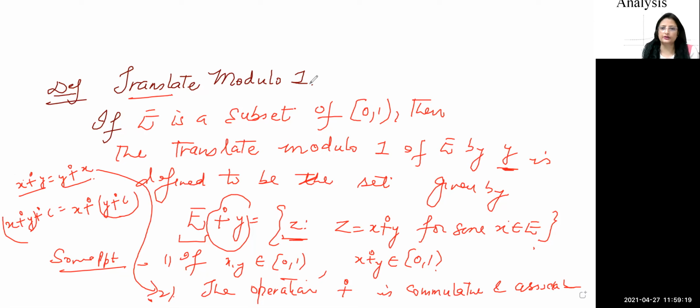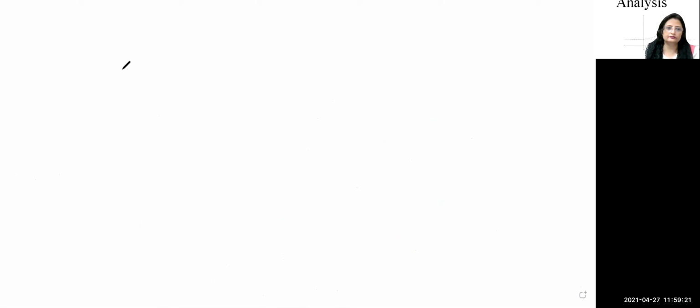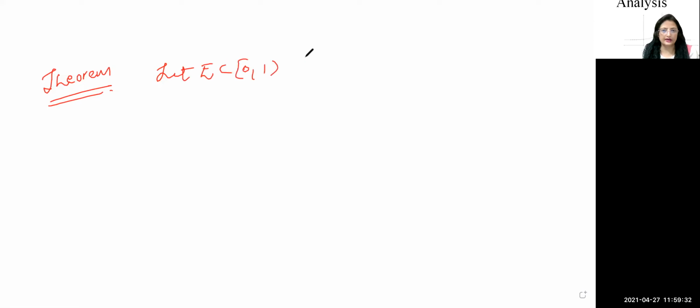Now we will do one theorem related to it. Let E contained in the interval 0 to 1 be a measurable set.